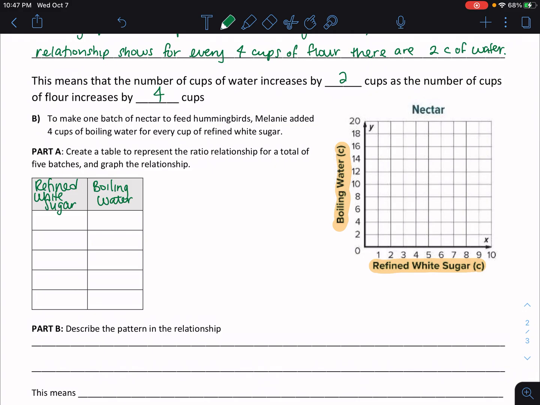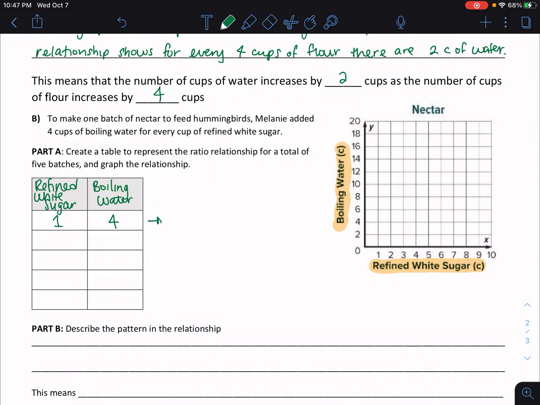When you do this, you're going to have the boiling water be on top and the white sugar on the bottom. This value on the right is the one that goes on top over the refined white sugar because we go up and then over. So I've got 4 cups of boiling water for every 1 cup of white sugar.